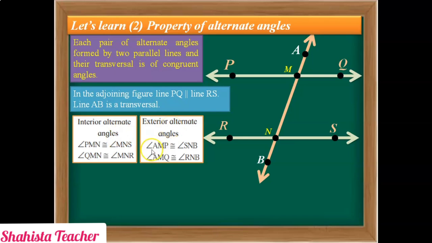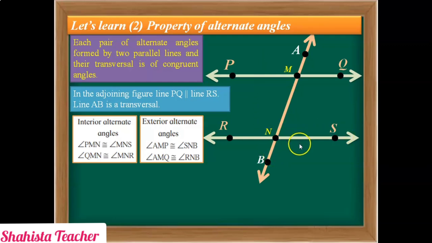So here the exterior alternate angle is AMP. This is the external side and this is the internal side. AMP, an obtuse angle, is congruent with angle SNB.